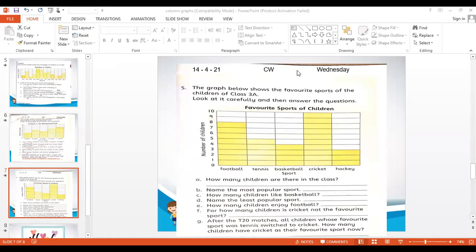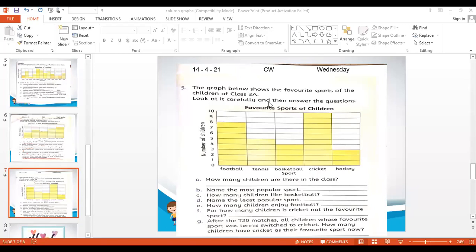Question number 5. Write date, CW, and day. The graph below shows the favorite sports of the children of class 3A. Look at it carefully and then answer the questions.